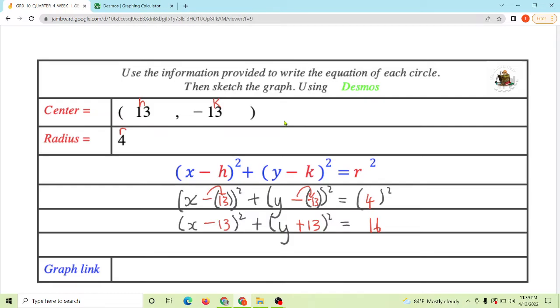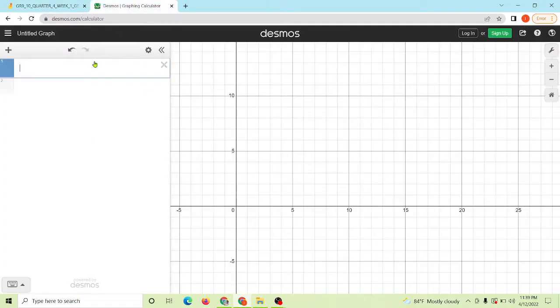And the moment of truth. So let's go over to Desmos and let's type in our equation and see whether this is a circle with a radius of 4 and a center of 13 and negative 13. Let's see. Okay, so I'm just going to type it in.